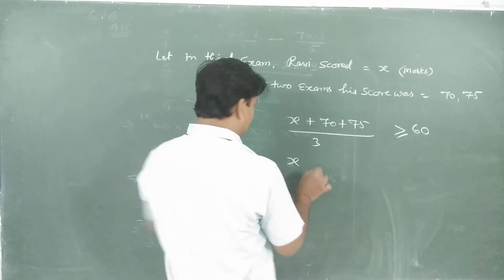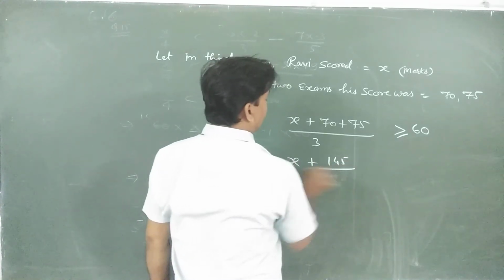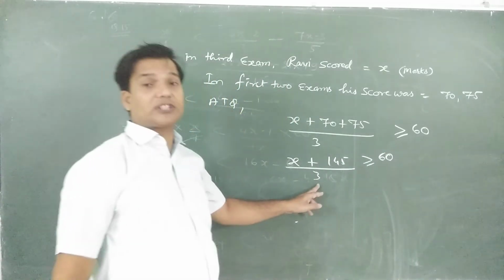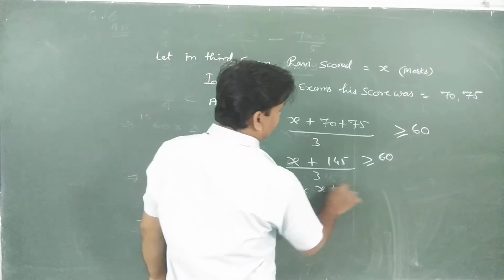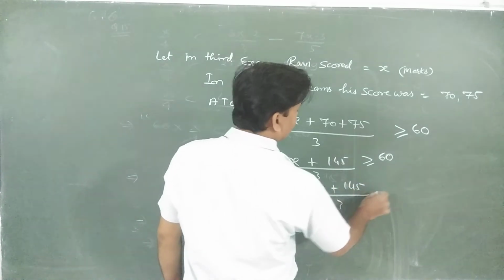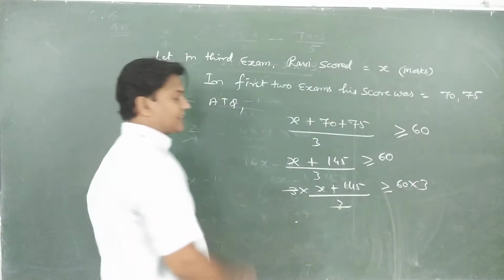In this situation, (x plus 145) by 3 is this one, and to remove this 3, multiply by 3, so 3 into (x plus 145) by 3, and here 60 multiplied by 3, so 3 cancels with this 3.